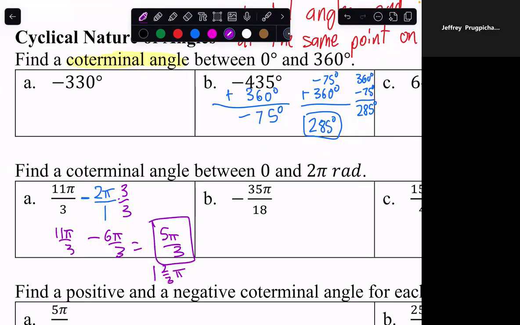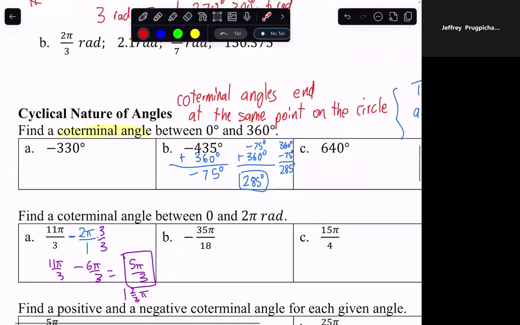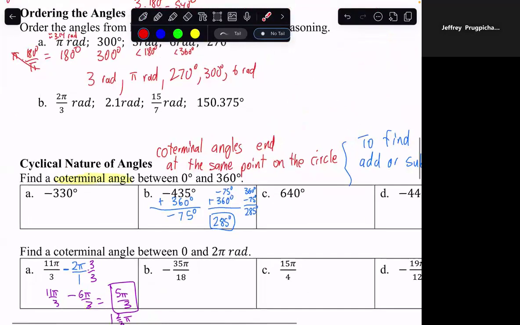So 5 pi over 3 would be the coterminal angle. There should only be one coterminal angle that is within the range. All right, go and take a minute and try the rest of those two sections, please.